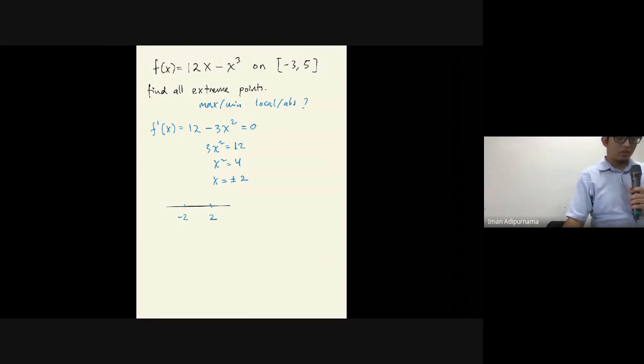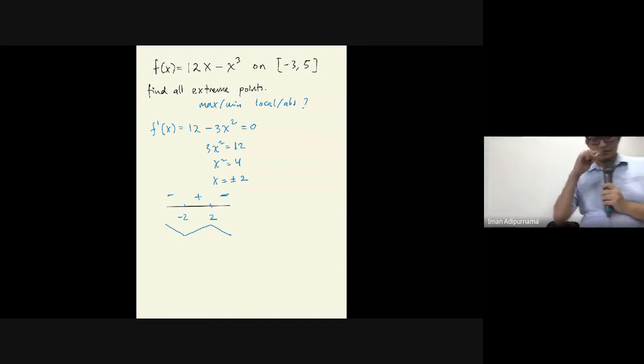In between, this is positive, and when x is less than -2 or greater than 2, it's negative. So it's decreasing, increasing, and decreasing, right?